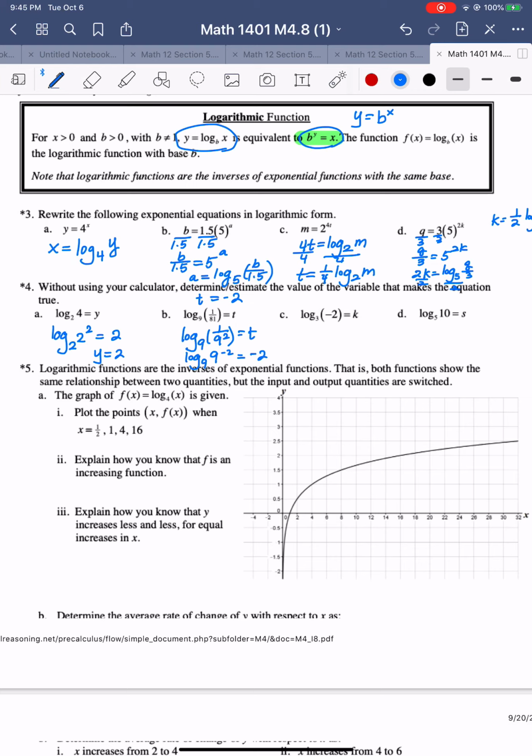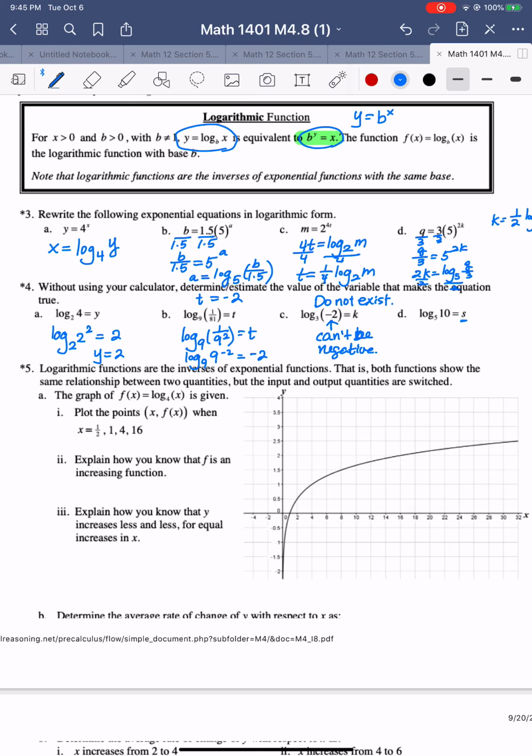For c, the problem is this value cannot be negative. So this value does not exist. Okay, alright, what about here? This one we can figure out the value of s.